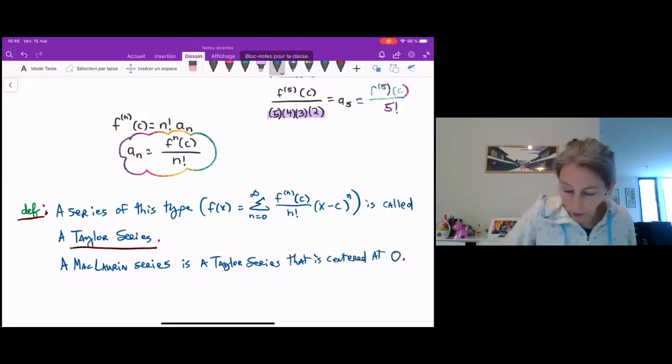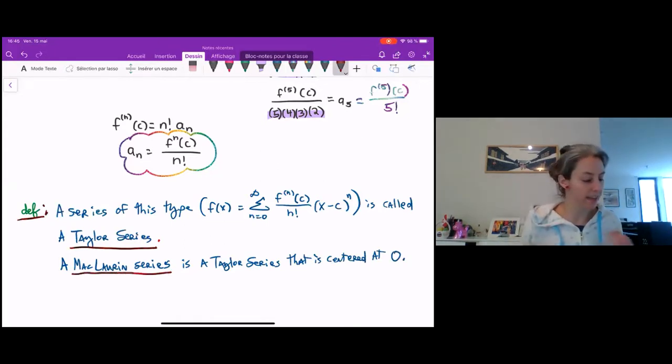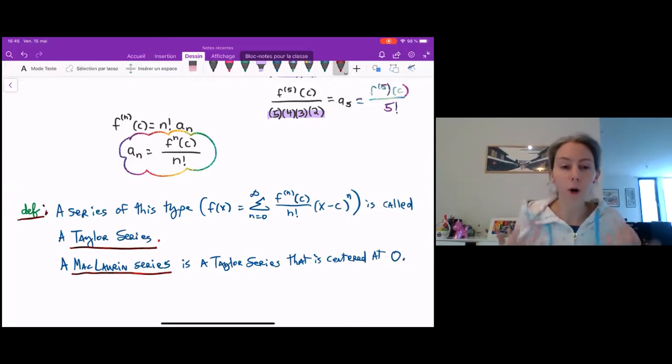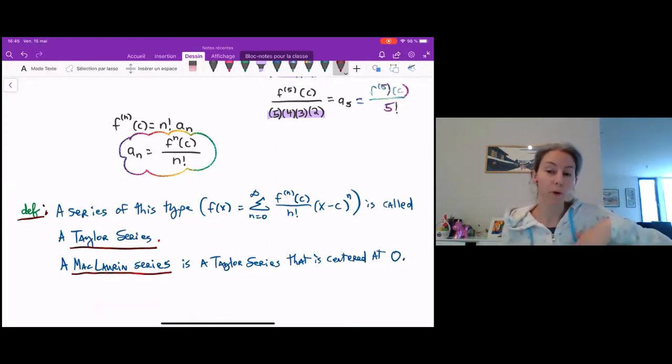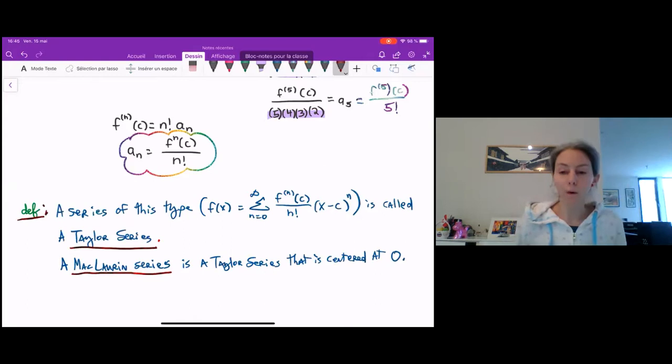Okay, so we have one more definition before we finish this, and that's of something called a Taylor polynomial. A Taylor polynomial is like the partial sums of a Taylor series. If I were to look at just, for example, n equals 0 to 3, well, that's getting me up to x minus c cubed. So that would be a third degree Taylor polynomial.